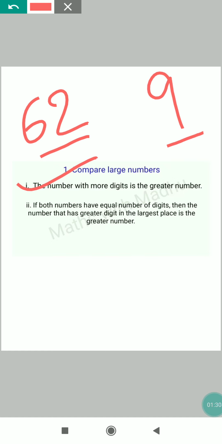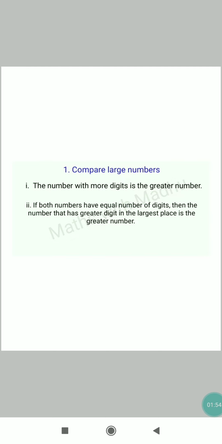So the two digit number is greater than the one digit number, because the number of digits is more. So 62 is greater in comparison to 9. This is only the first rule, students.